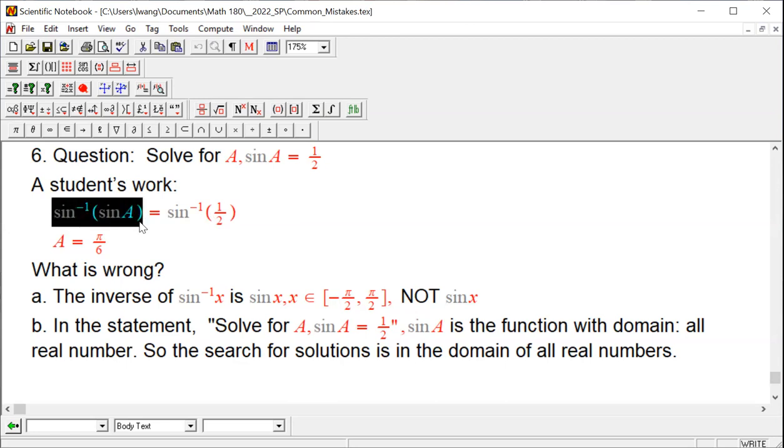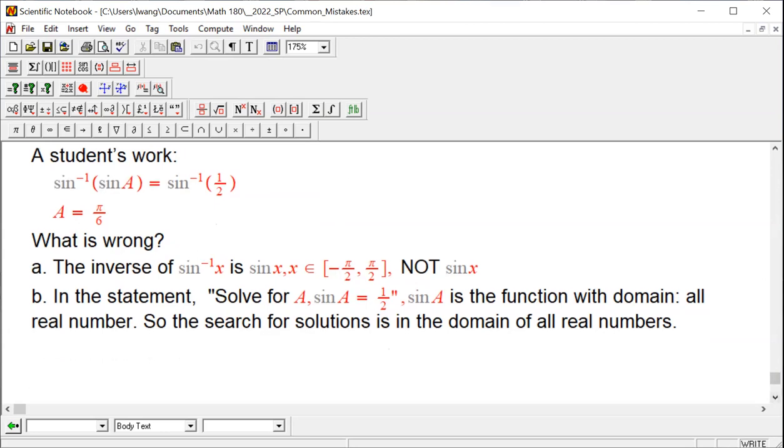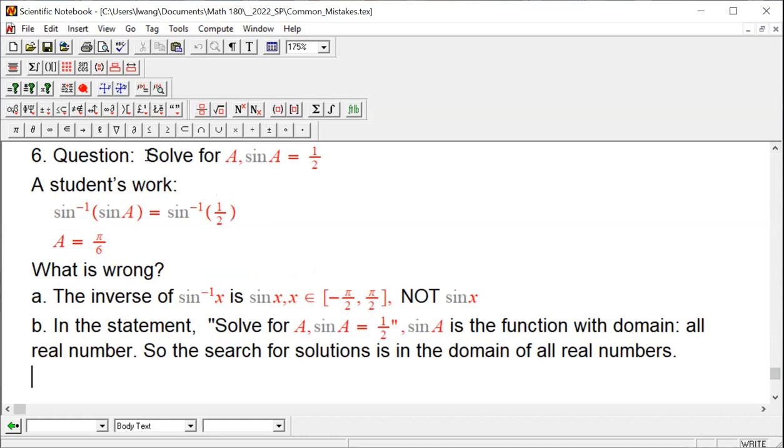This is the source of the mistake, because this is only true if the two functions are inverse to each other, but they're not inverse to each other. Of course, you guys know the answer. You know how to solve this just in case, right? So to solve this equation, we have to identify the terminal.